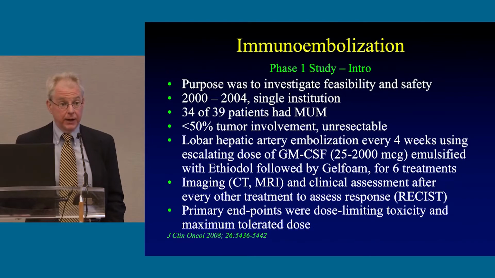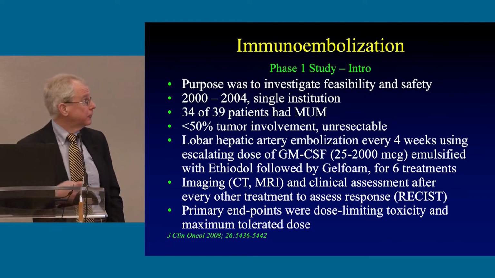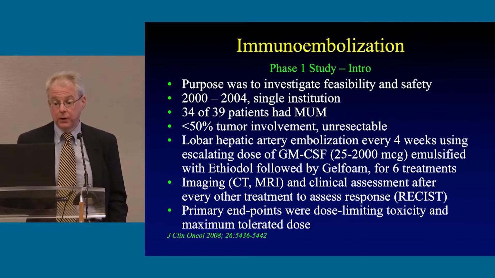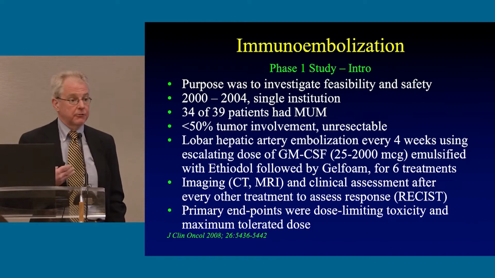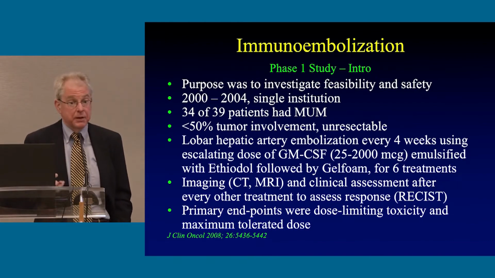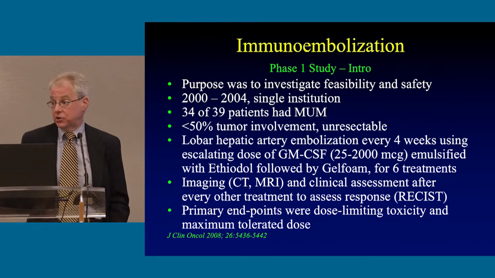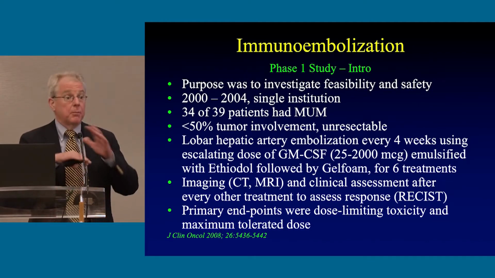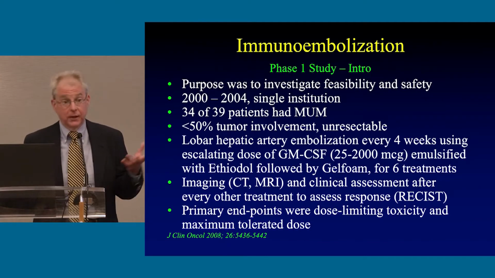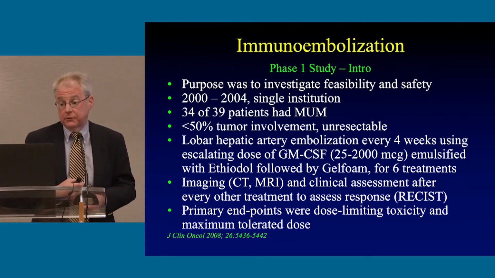So that led to a phase 1 study from 2000 to 2004, and basically the GM-CSF is emulsified, mixed up in an oily contrast agent, kind of like the contrast you get injected for a CT scan or an MR, but a very different agent. For one thing, it's an oil, it's viscous, it's thick.